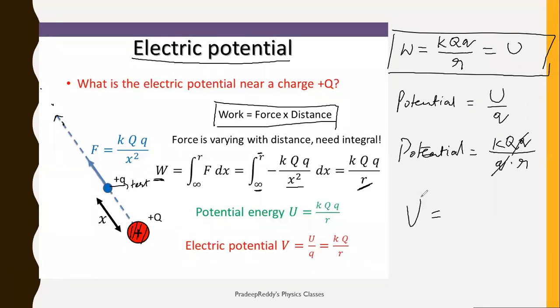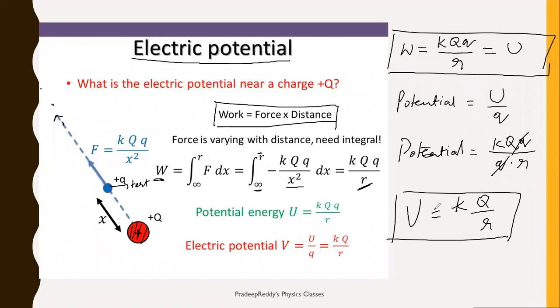Electric potential is denoted with V. That gives you K capital Q divided by R. Okay. And of course, here there should be a negative sign. That negative sign represents that if this test charge is moving towards this particular positive charge. If it is moving outward, then in such cases you will get V as positive, right?